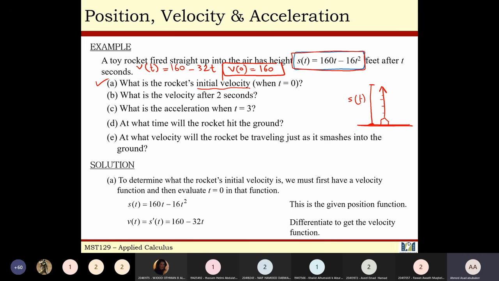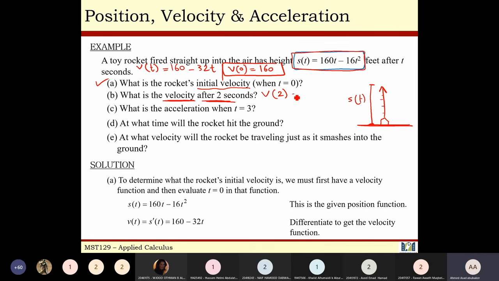Second, we need to find the velocity after t seconds. So here we need to find v of 2.